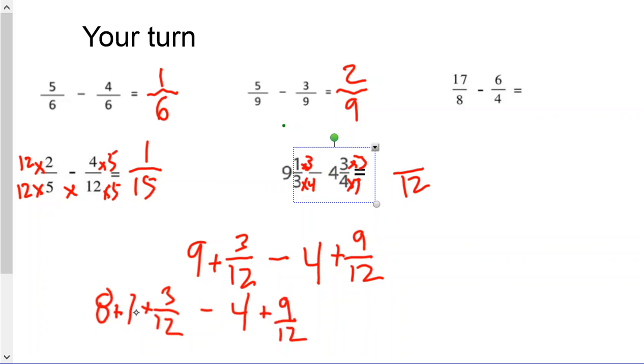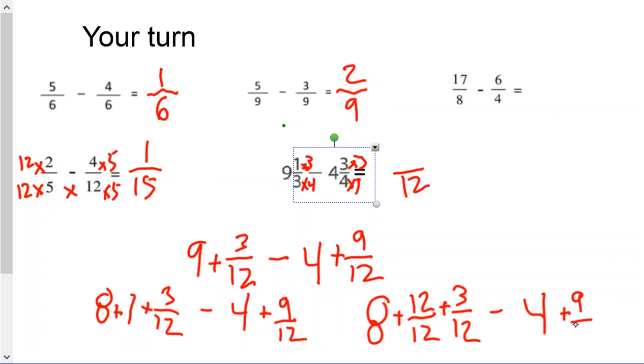Okay, and we can change this 1 into 12/12, which would leave us, I'm running out of room, so I'm going to come over here. We have 8 plus 12 over 12 plus 3/12 minus 4 plus 9/12.